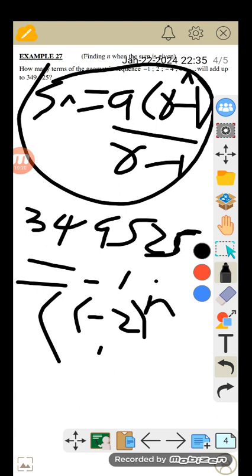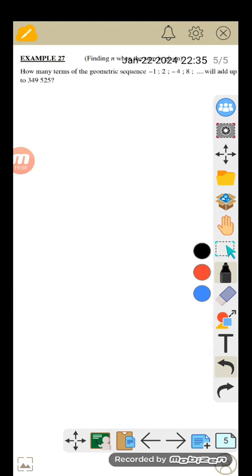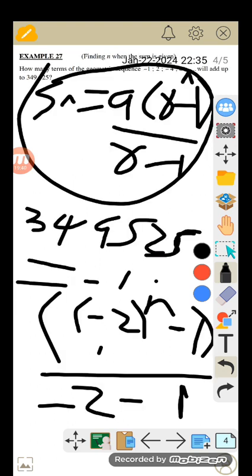Remember, we are still looking for n. We don't know what our n, our number of terms, is. They just want our number of terms. All over -2 minus 1. From there, guys, we are going to solve for n.